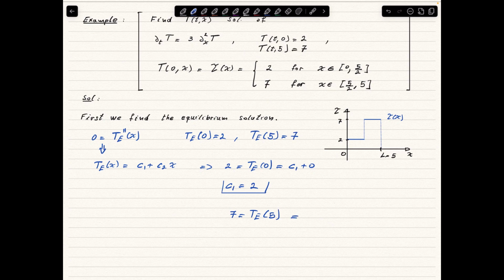But c1 is already 2, so 2 plus c2 multiplied by 5. And that means that we have 5 is equal to c2 times 5, and therefore c2 is 1.